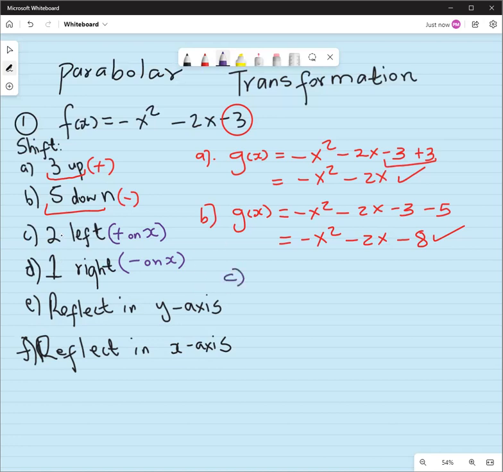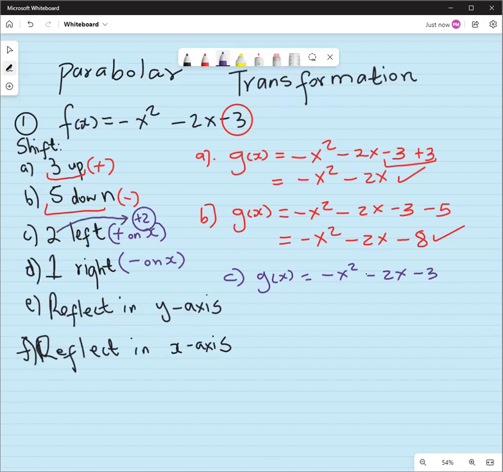So they say 2 units to the left. I'm going to firstly write my f of x the way it is: negative x squared minus 2x minus 3, right? 2 left means plus 2 on x, you agree? So wherever I see x, I'm going to add 2, you agree?